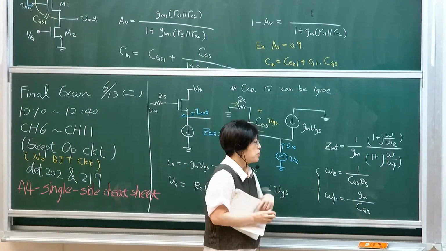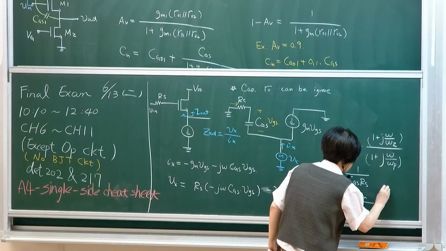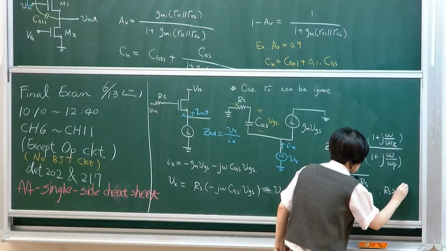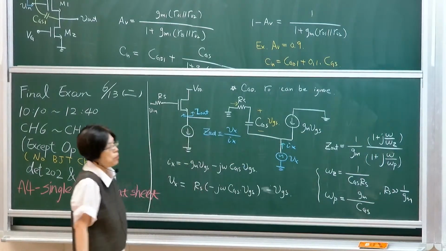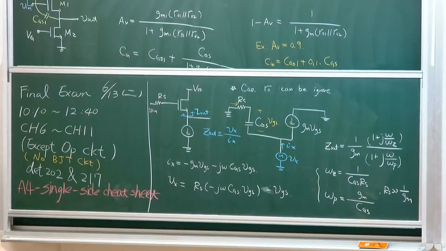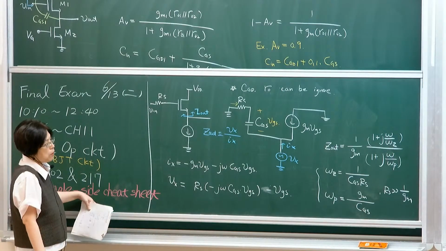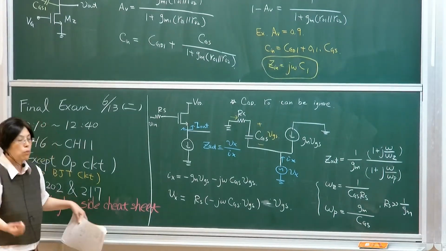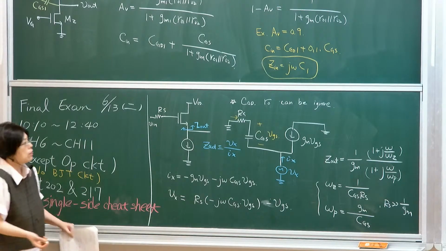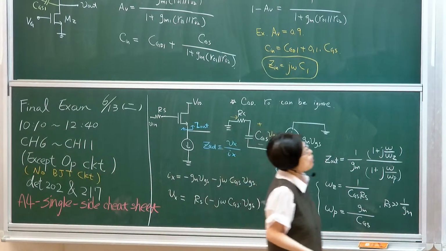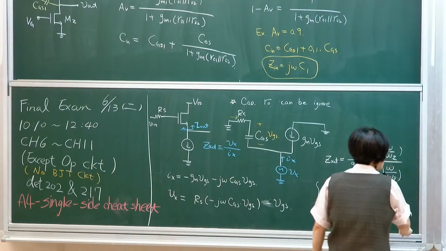In most cases, we're assuming that RS is much, much larger than 1 over GM, because that's the output resistance of your previous stage. So this simply means that my 0 will be at a lower frequency and my poles will be at higher frequency. So it'll be an inverse of this response.